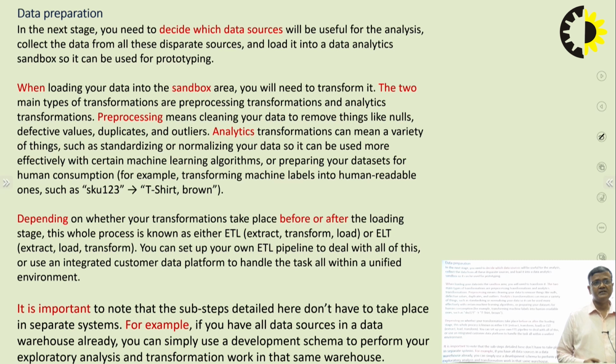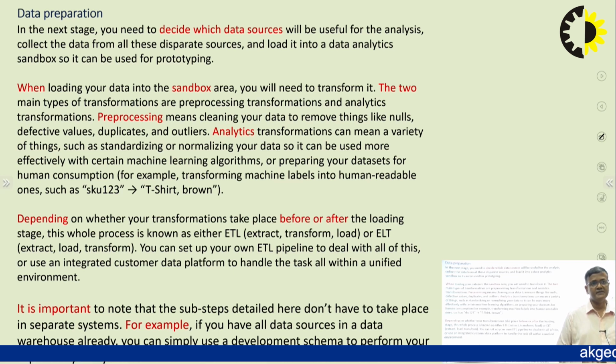For example, you can consume the data straight away after transforming it. You transform machine labels into human readable ones, such as the machine label SKU123 being transformed into the human readable label t-shirt brown, so that you can act on this data straight away.